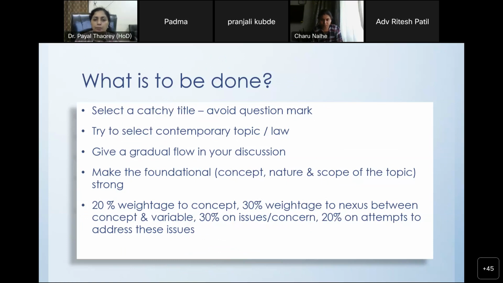तो सबसे पहला काम जो आप लोगों को करना है वो ये है कि सिलेक्ट अ कैची टाइटल. नाउ बिलीव मी फ्रेंड्स, व्हेन यू सेंड योर आर्टिकल टू एनी पब्लिशिंग हाउस, सो लाइक यू अक्रॉस इंडिया में कम से कम आज की डेट में देयर मे बी more than 10,000 research scholars, there may be more than 20,000 research teachers, there may be more than 50,000 law students who are working every year.